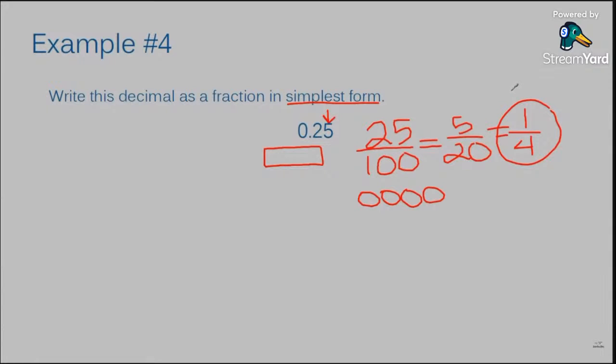Whenever you're simplifying numbers, you can always do it quickly by finding the largest number that goes into both.